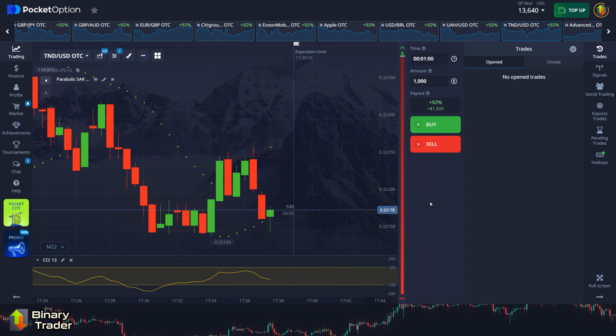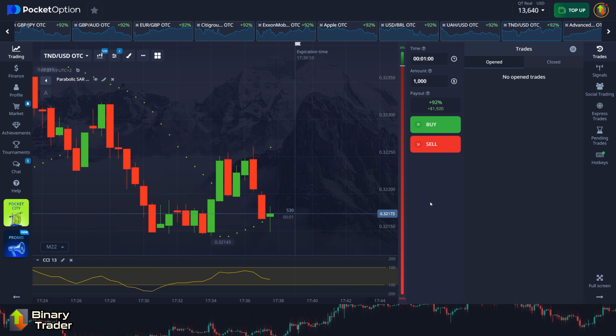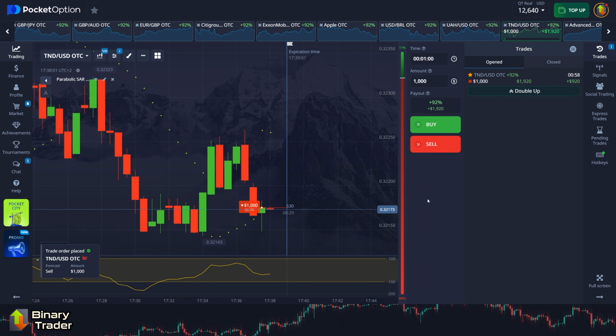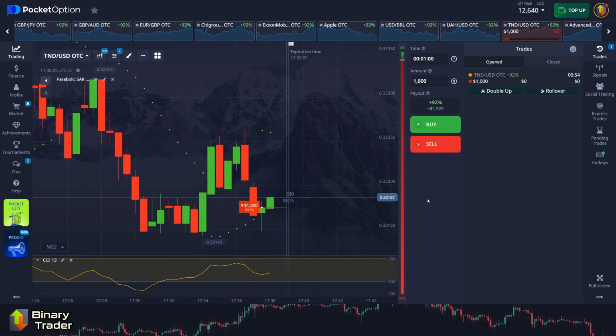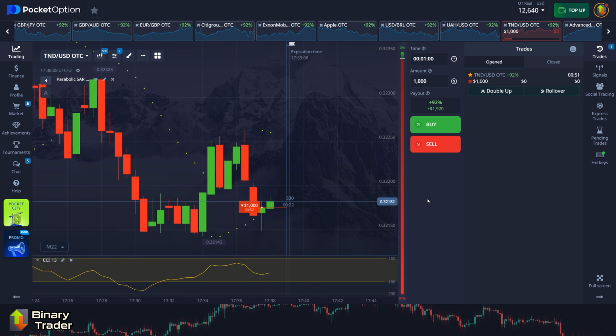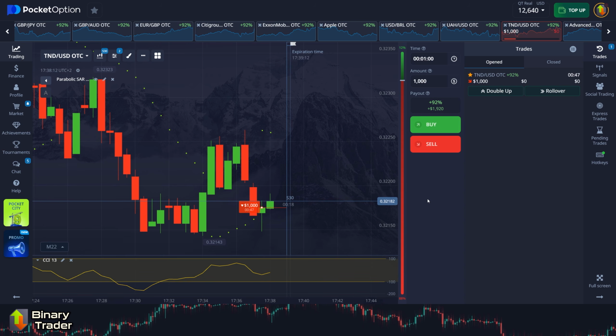A bearish opportunity appears here. Parabolic flipping up. CCI is weakening. I took the sell. Initial pullback. Market is a bit wobbly this day.